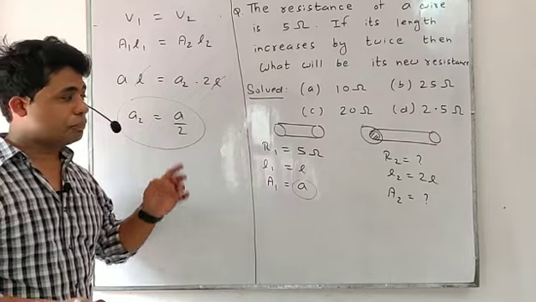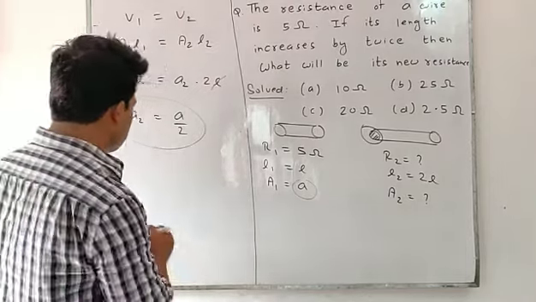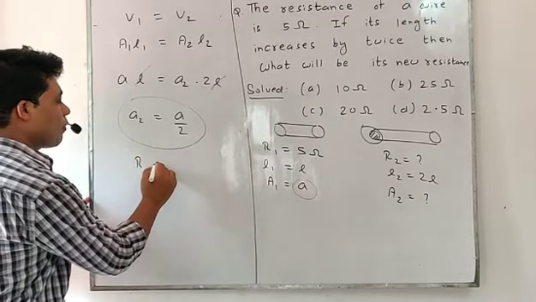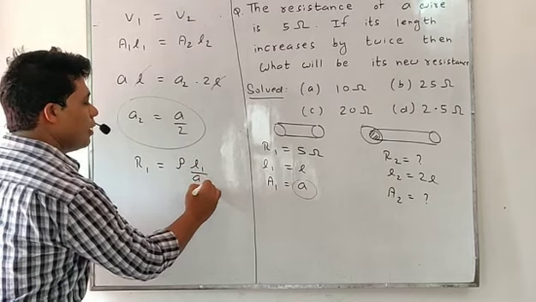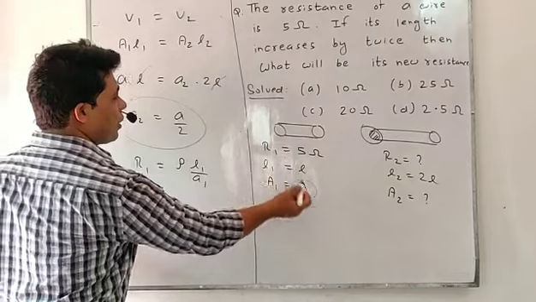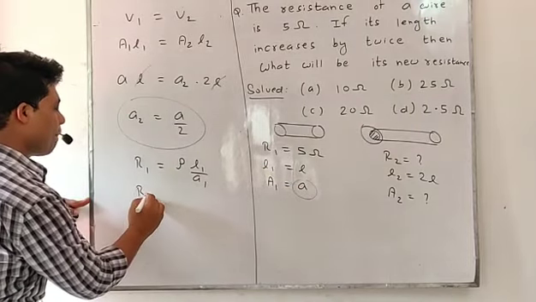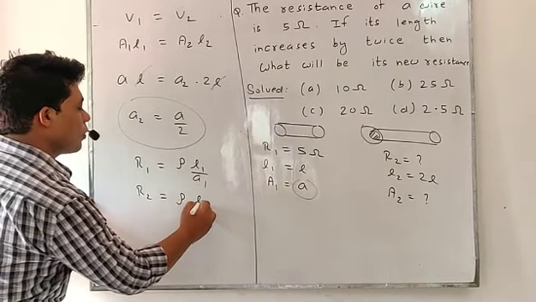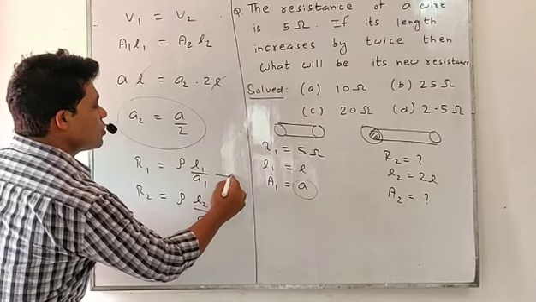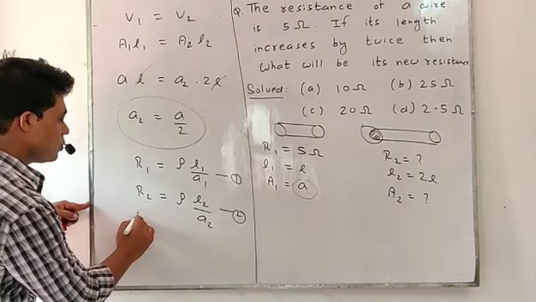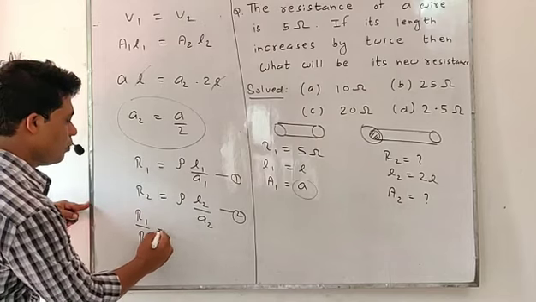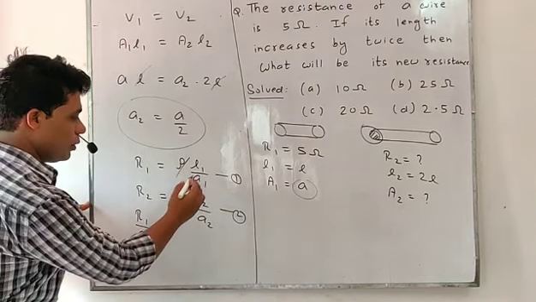Now students, we know R1 equals rho L1 by A1. This is for the first wire. For the second wire, R2 equals rho L2 by A2. Divide first by second. So R1 by R2, rho and rho cancel out.